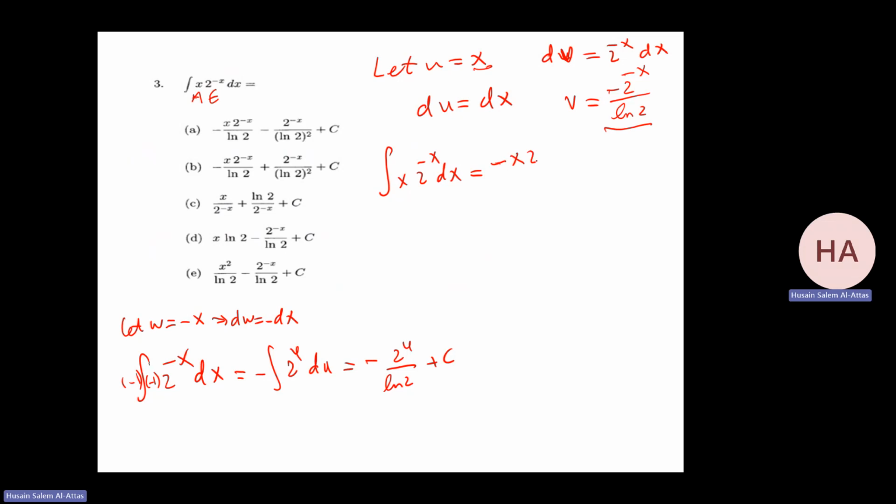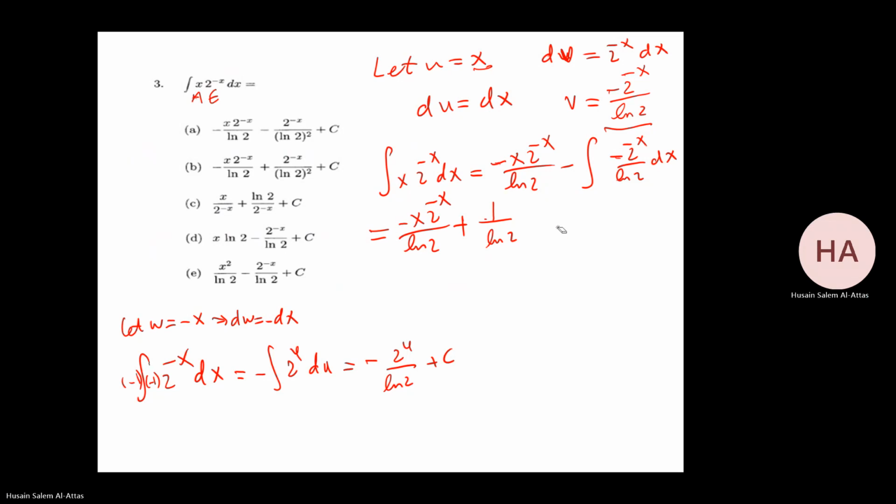That gives me minus x times 2 to the power minus x over ln 2, minus the integral of minus 2 to the power minus x over ln 2 dx, which is plus 1 over ln 2 times the integral of 2 to the power minus x dx, which we did just now.